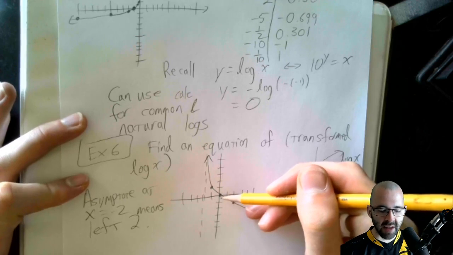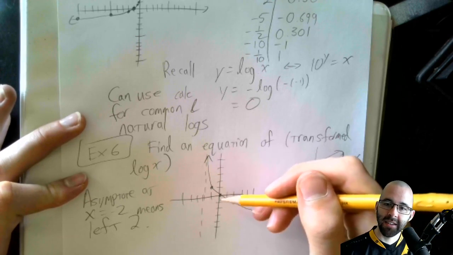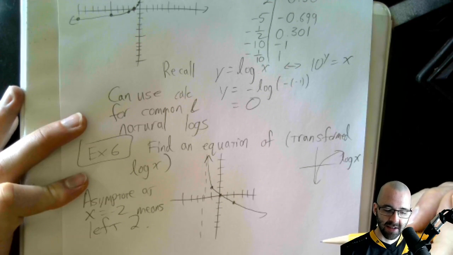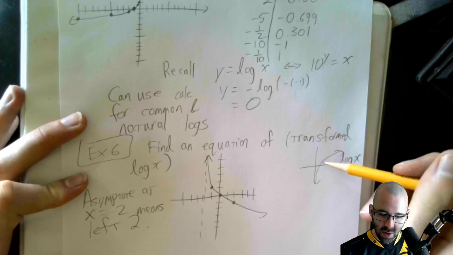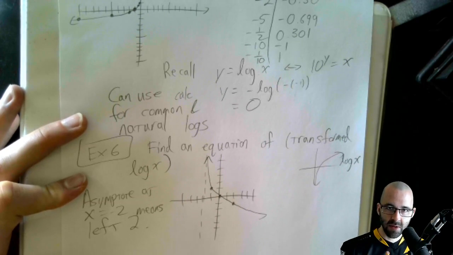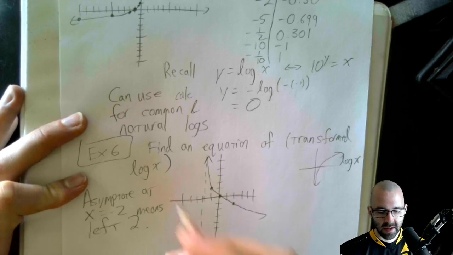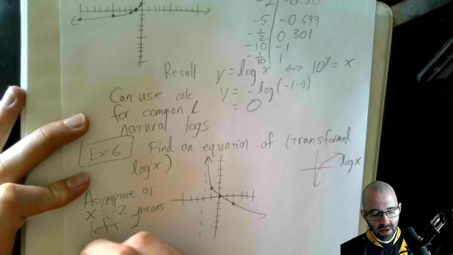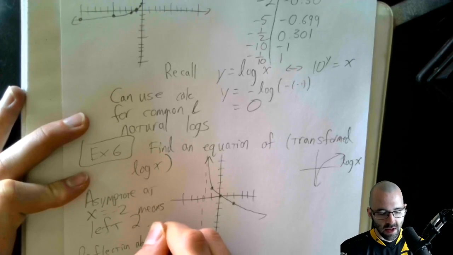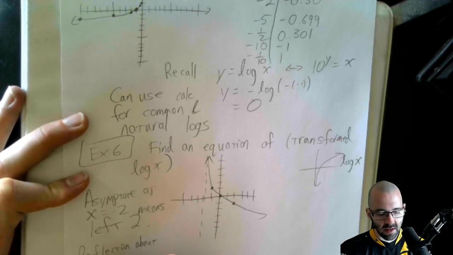This logarithm at the asymptote is happy. It's climbing to the skies. So it's going the opposite direction. Instead of down, it's going up. So it means we also know we have a reflection about the x-axis.